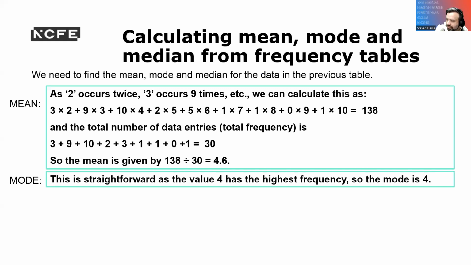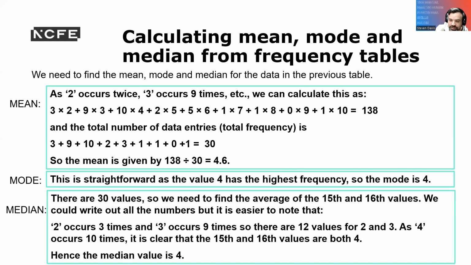The mode is straightforward, as the value is 4, it's the highest frequency. And then for the median, there are 30 values, so we need to find the average of the 15th and 16th values. We could write out the numbers, but it's easier to note that 2 occurs 3 times, 3 occurs 9 times. So there are 12 values of 2 and 3, as 4 occurs 10 times. It's clear that the 15th and 16th values are both 4, hence the median is 4.